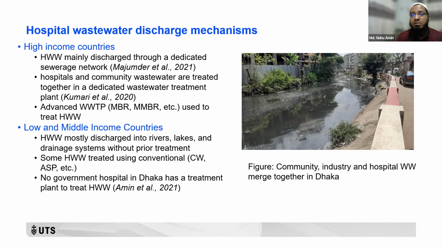But in low income countries, everything goes directly to the lake and the environment, and people can come into contact with these contaminants. Mostly, low and middle income countries use constructed wetlands or the activated sludge process, not membrane bioreactors, and other sophisticated treatment options are also limited.